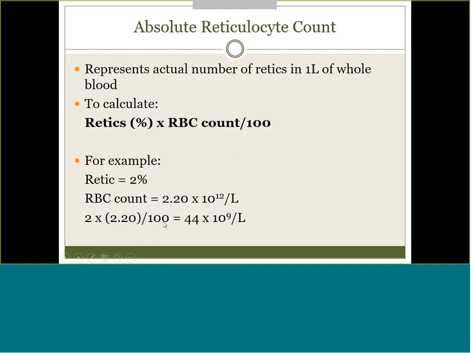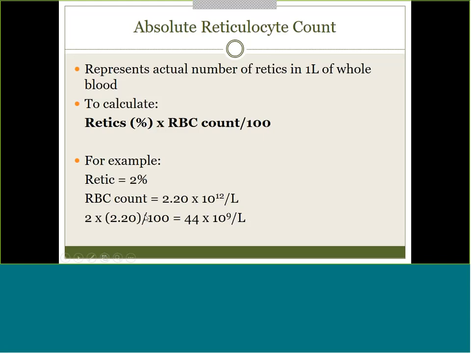Now, there is a trick to this, and this always gets people. If you notice, my red cell count value is in units of times 10 to the 12th. That's what you normally get. When an analyzer gives you a red cell count, it's usually in the units times 10 to the 12th per liter. Now, if you look down at my actual result, my result here is in times 10 to the 9th.